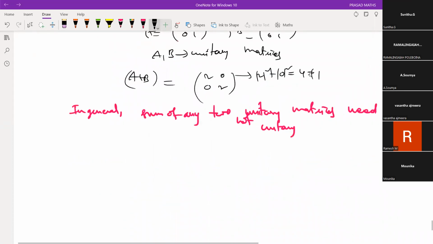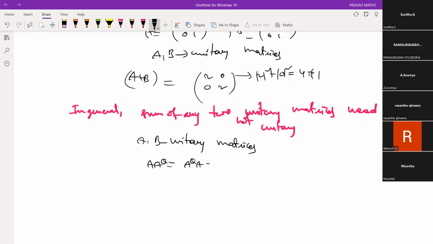Look at the problem. Take A and B as unitary matrices. That means A into A theta equals the identity matrix, and B into B theta equals the identity matrix.